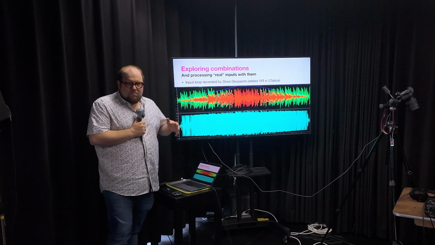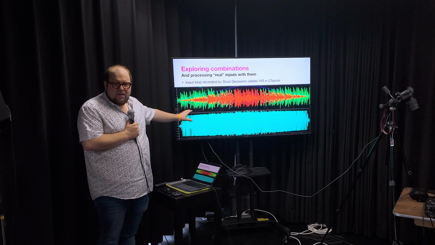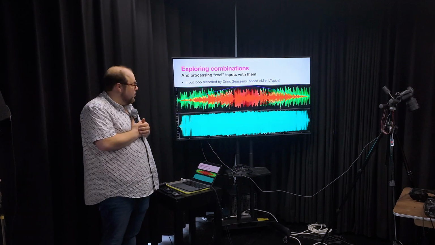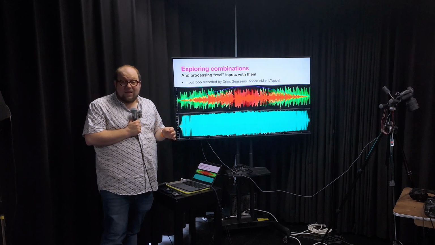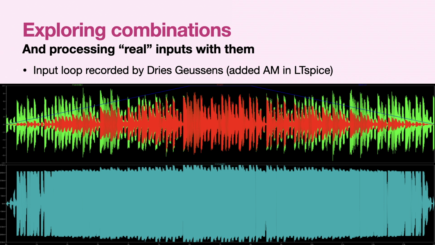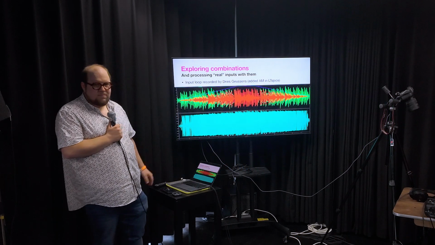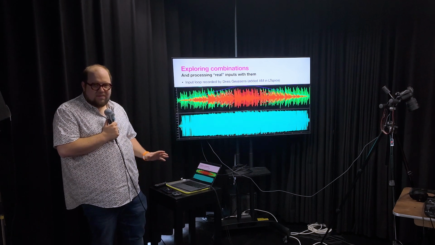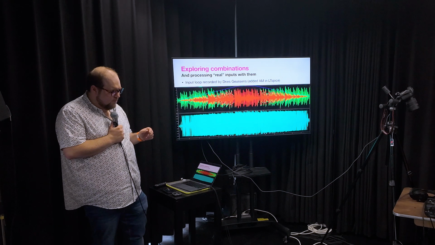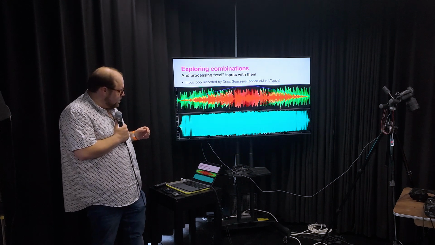Of course, this was still pretty boring because it's just a sine wave going in with a simple modulation, but you can also put in real actual recordings. So I asked my friend Dries Gussens to record a loop for me, which sounds like this. This is a sine wave going through a low pass gate, I think.